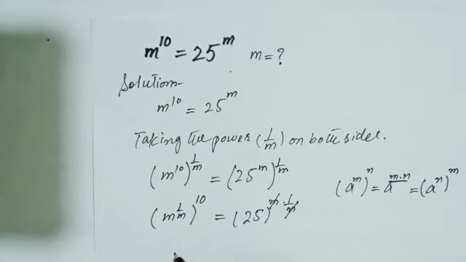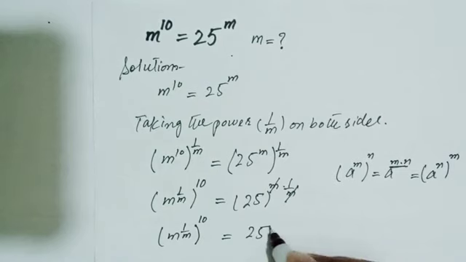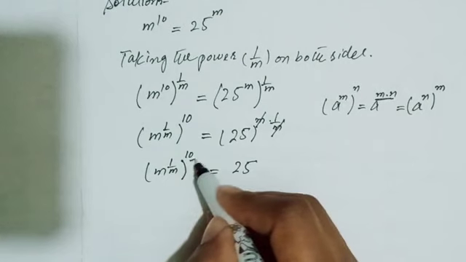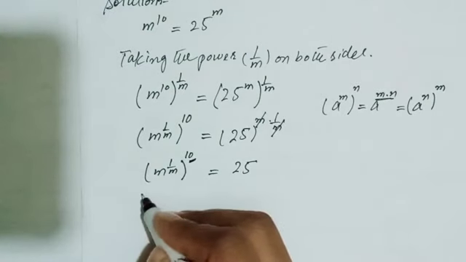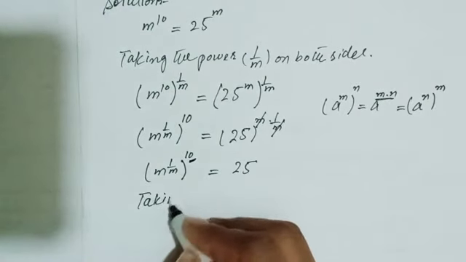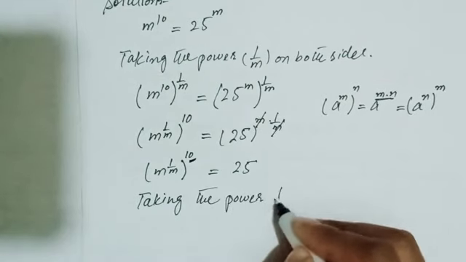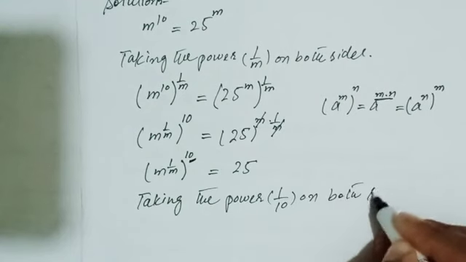So here I get m to the power 1 by m to the power 10, which is equal to 25. Now I have to cancel this power 10. So how can I do this? I can take the power 1 by 10 on both sides.